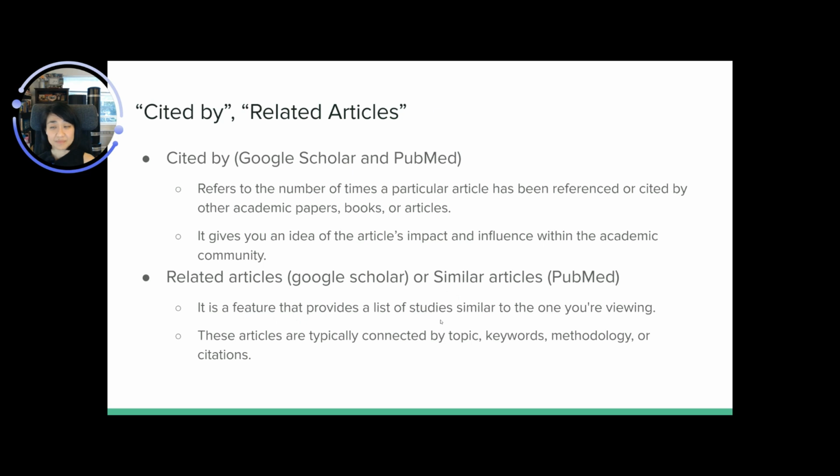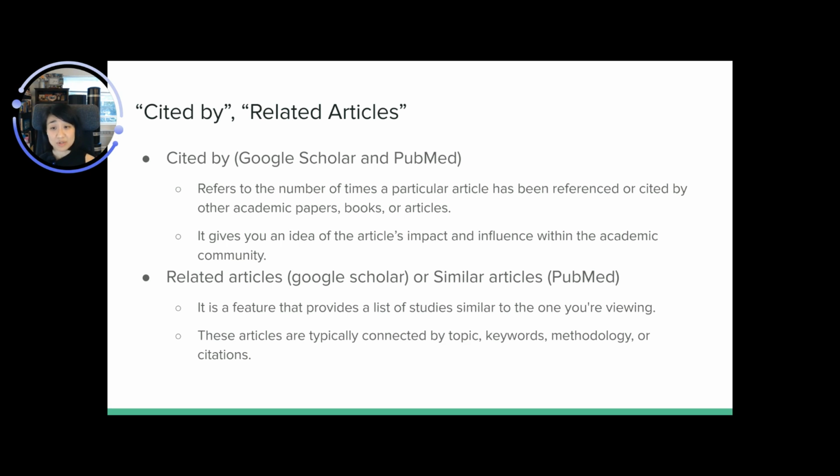Okay, now after talking about keywords and using the right Boolean operators, another feature that we see often and that's really useful is cited by or related articles. I'll show you a walkthrough in a bit. When you see cited by, in Google Scholar and PubMed, it refers to the number of times a particular article has been referenced or cited by other academic papers, books, or articles.